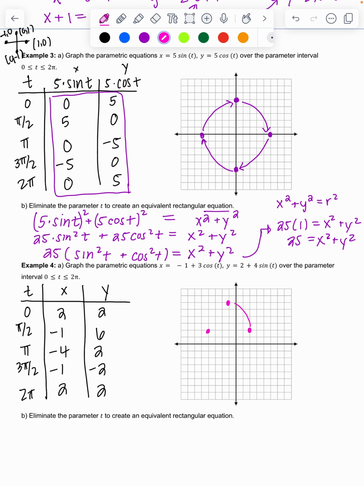If you are noticing this, it is actually going in the opposite direction because it's going in order of the time.